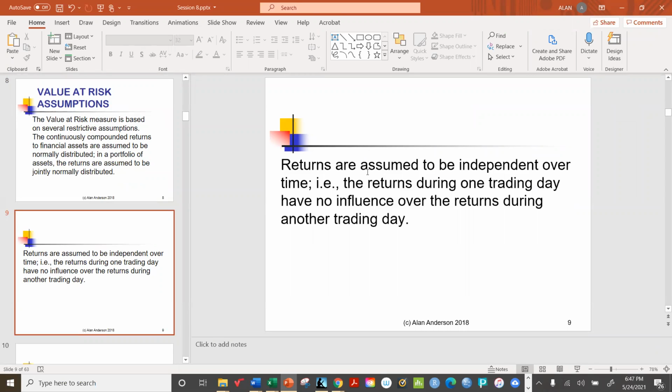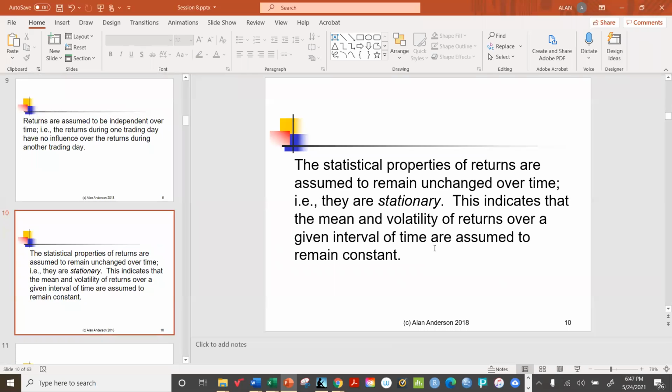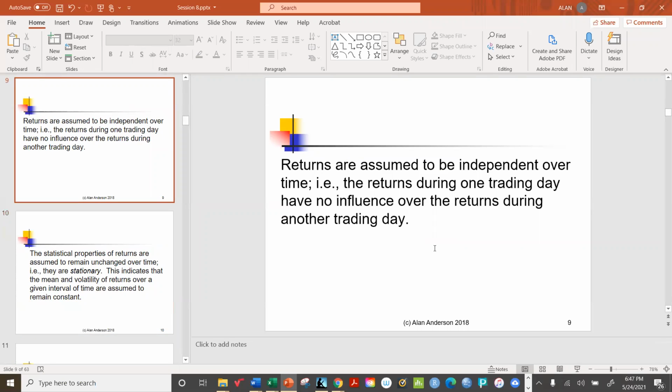We're assuming that returns are independent from one day to the next, which may not be the best assumption in the world. In other words, if the returns are unusually high one day, we're saying there's no reason why they should be unusually high or low the next day. Everything will be back to normal, basically. And we know that that doesn't always happen.